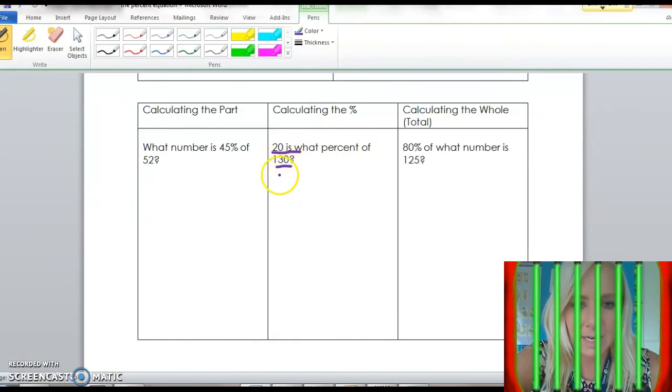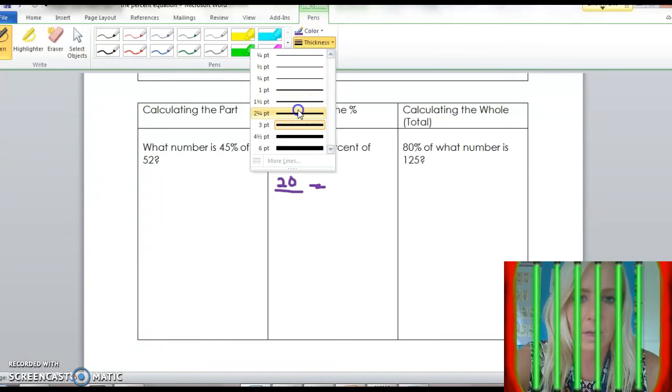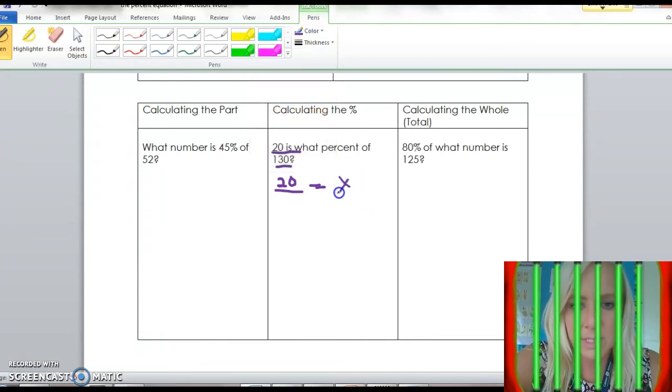So 20 is what percent of 130? You know what? Let me adjust the thickness here. Maybe that'll help.